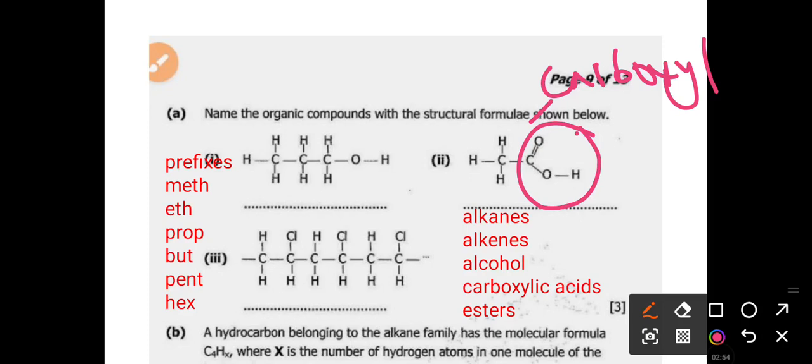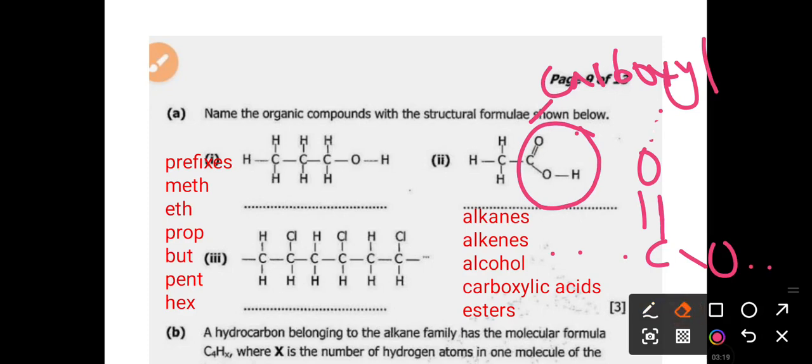a carboxylic acid. Then for esters, remember esters are formed from a reaction of an alcohol and an acid. So their functional group would look something like this. Here we have our carbon chain.